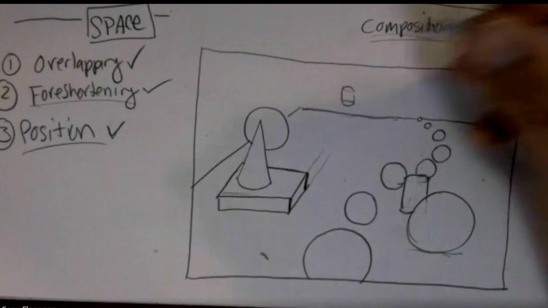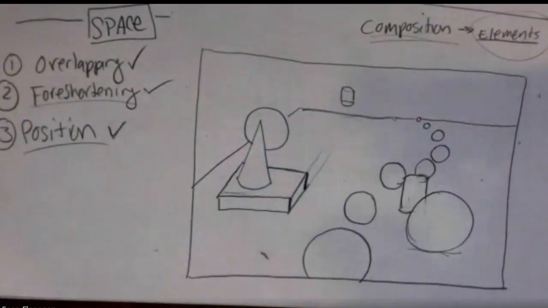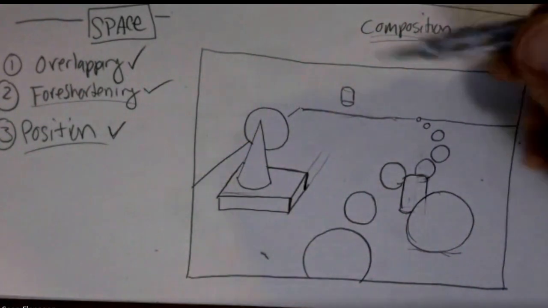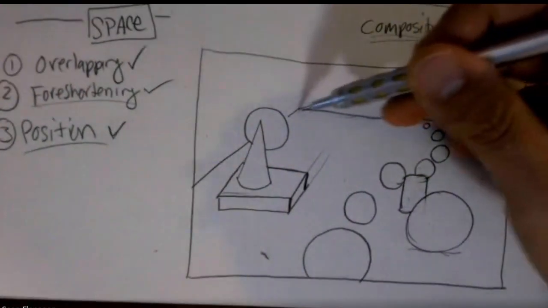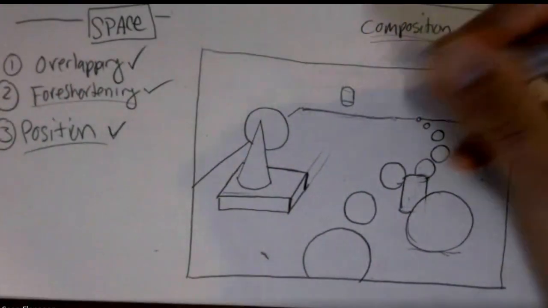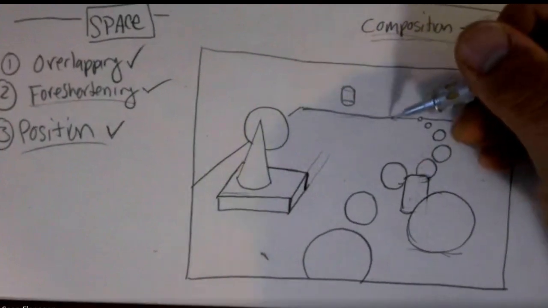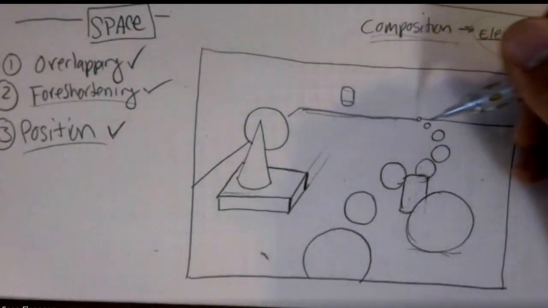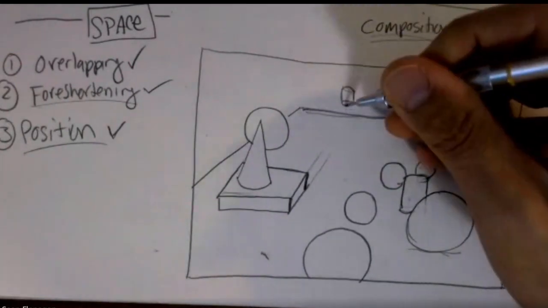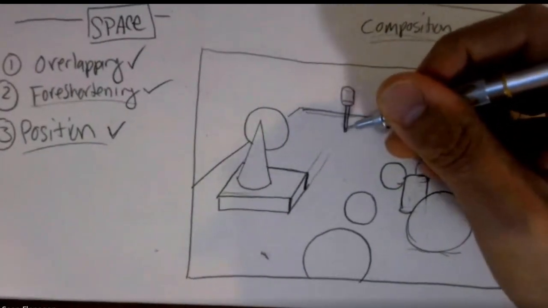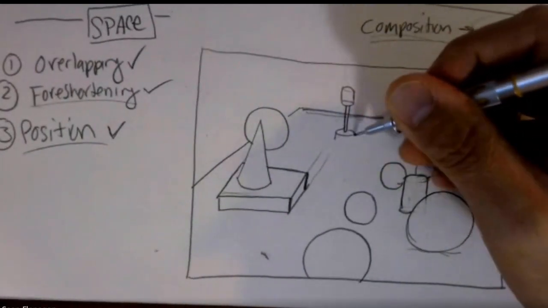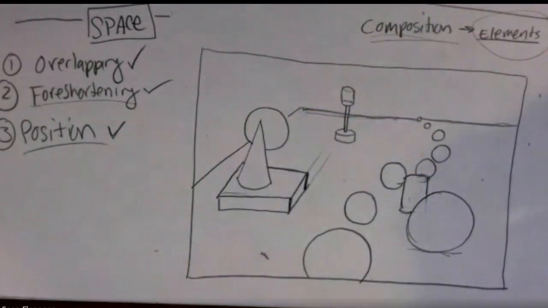Now I can leave it up there and make it look like it's floating and say, hey, Mr. Flanagan, I wanted it to look like it's floating, so that's what I did. I put it above the horizon line. But maybe what you want to do is, if you have any forms that go above the line you drew for the edge of the table, you connect it so it is actually on the table.